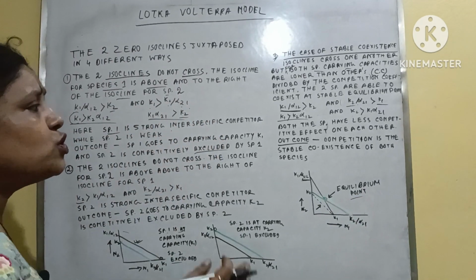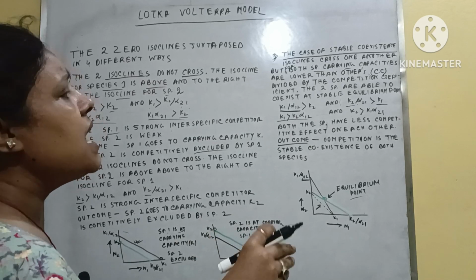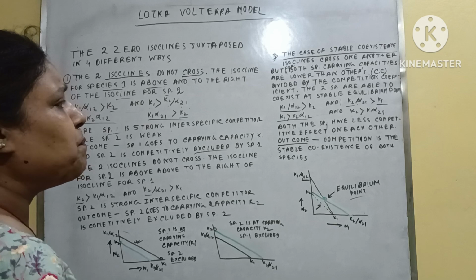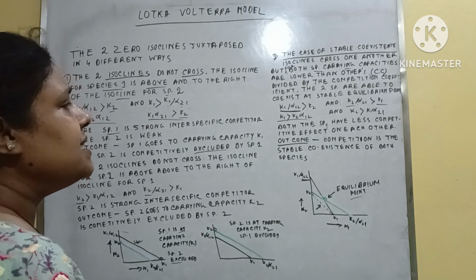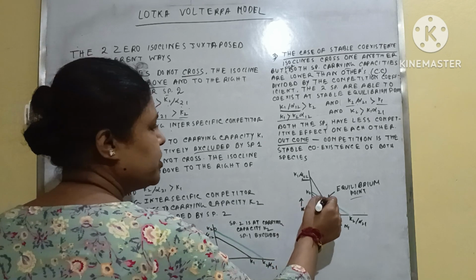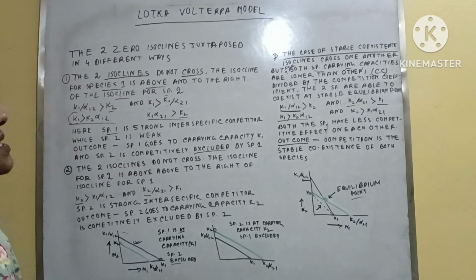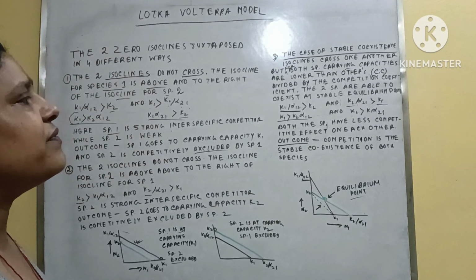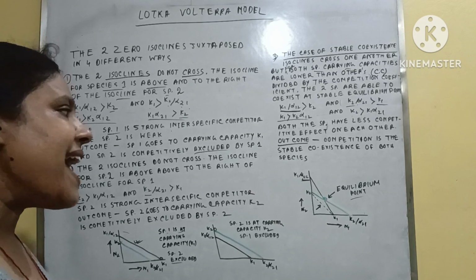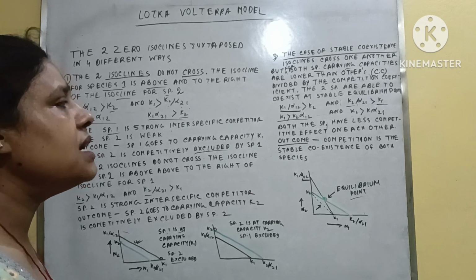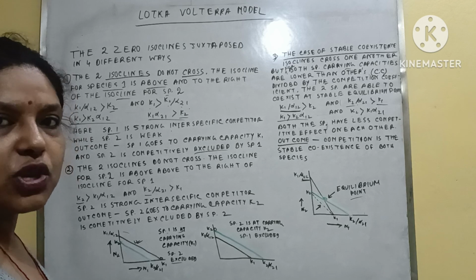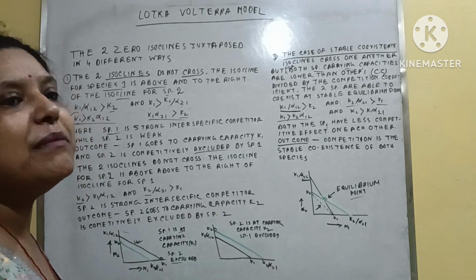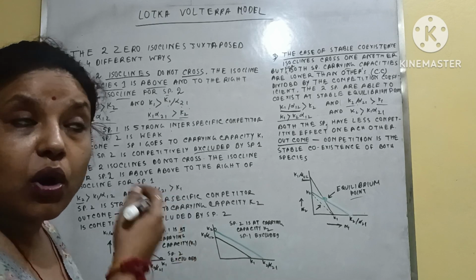Both species remain stable at that point. This is the outcome, and both species have a less competitive effect on each other, as the two species are stable at a point. This is called the equilibrium point. That's why they both have less impact on each other.